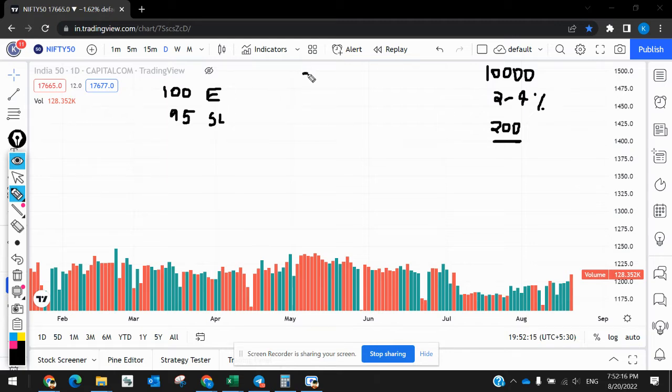So I take 200, which is the max loss, divided by entry price minus stop loss price. That means 100 minus 95. I get 200 divided by 5, which is equal to 40 quantity.